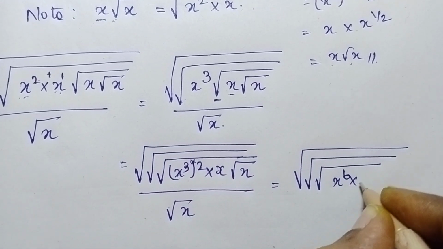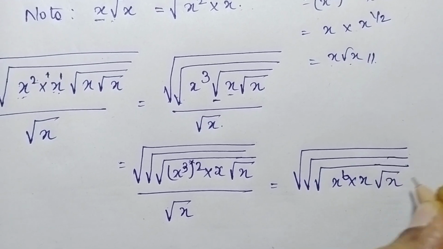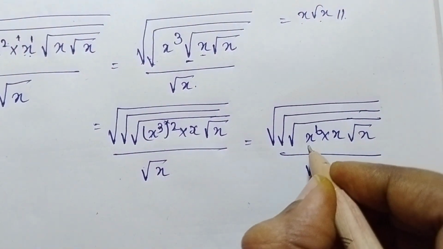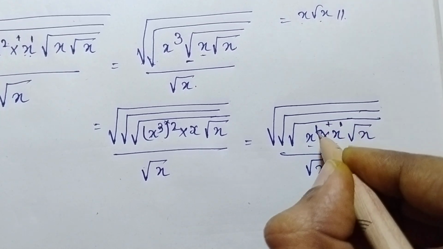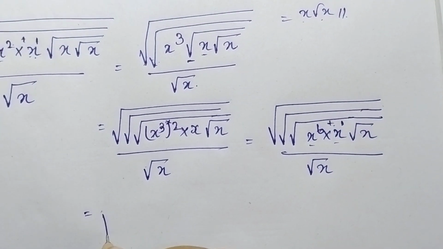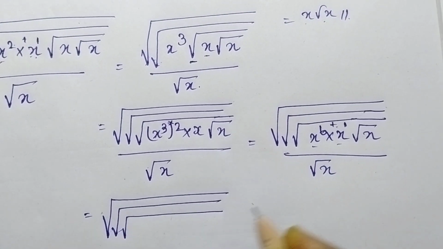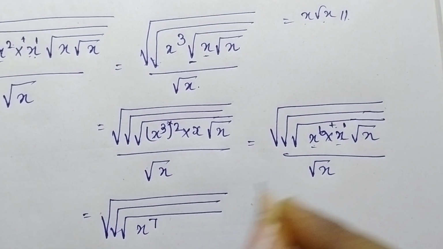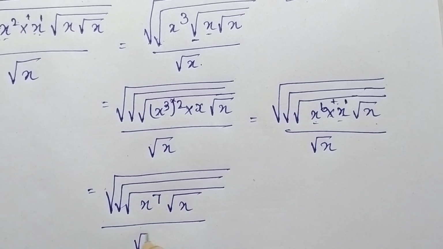X power 6 into x into root x divided by root x. Here the base is same, the power gets added in multiplication, so 6 plus 1 is 7. So just write that here: 3 roots, x power 6 into x can be written as x power 7. The remaining is root x divided by root x.